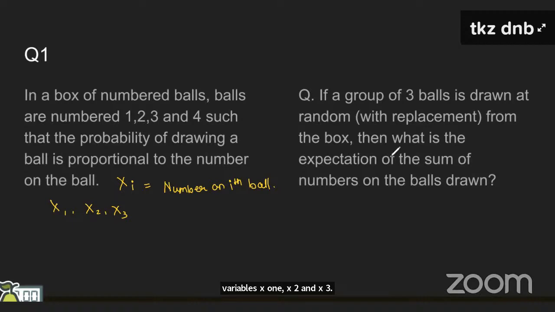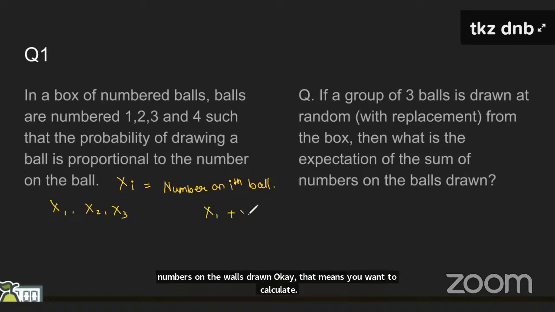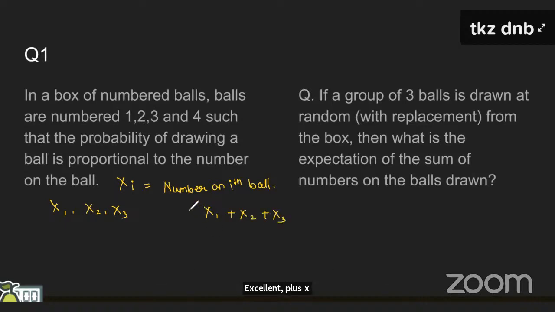You need to calculate the expectation of the sum of numbers on the balls drawn, that is, X1 plus X2 plus X3. This is nothing but 3 times the expectation of Xi, because all are the number on the ith ball. For the random variable X showing the number on the ith ball, the expectation of X is 3, which we have calculated just recently. So the answer is 9.